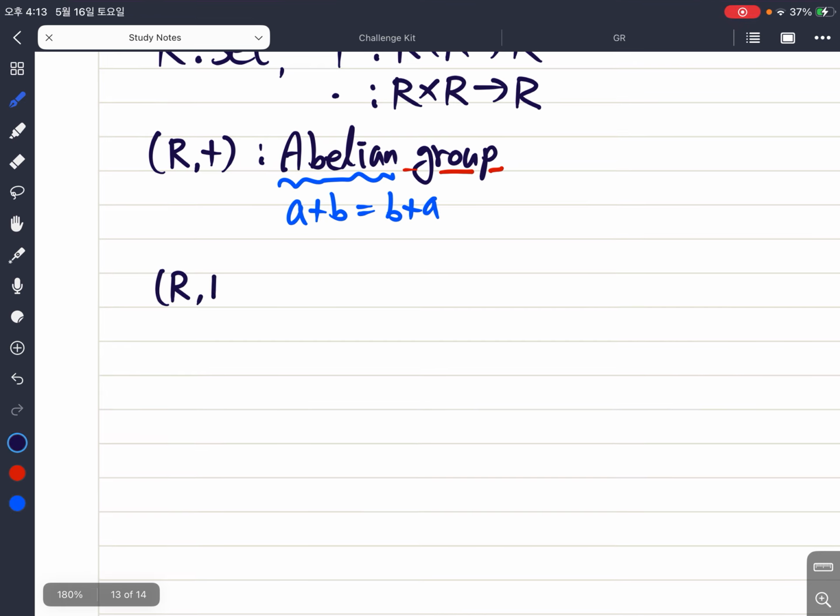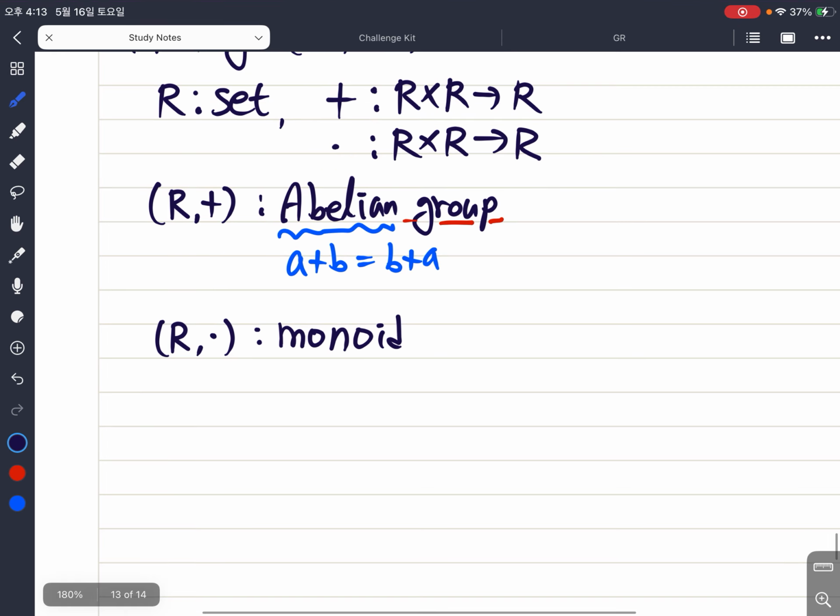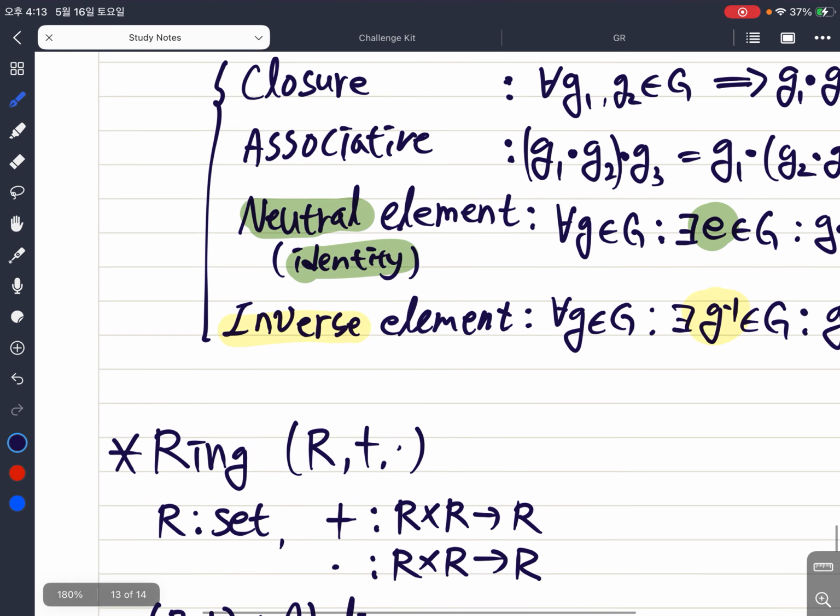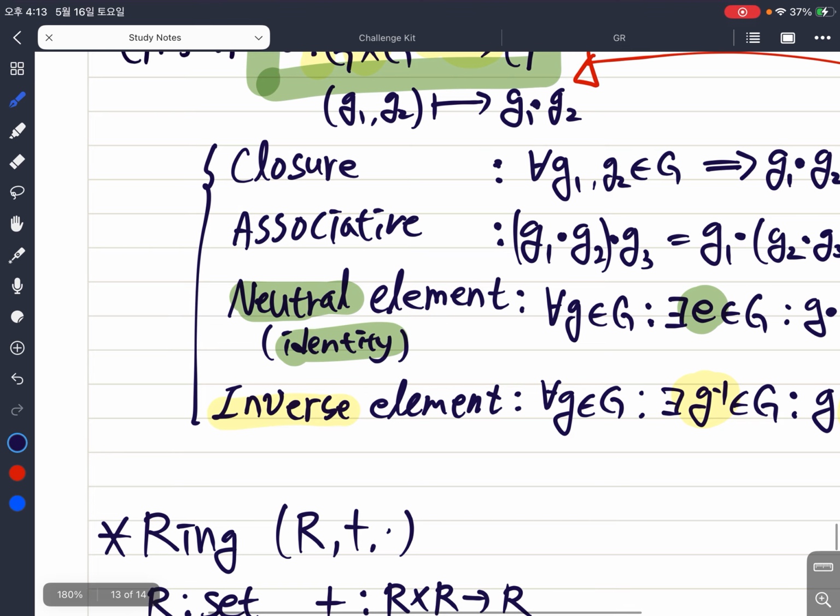And another thing is that when you see only R and just the dot operation, it should be a monoid. You don't know the monoid, but don't worry. For the group axioms, there are 4 axioms, so you can choose only a small number of them.